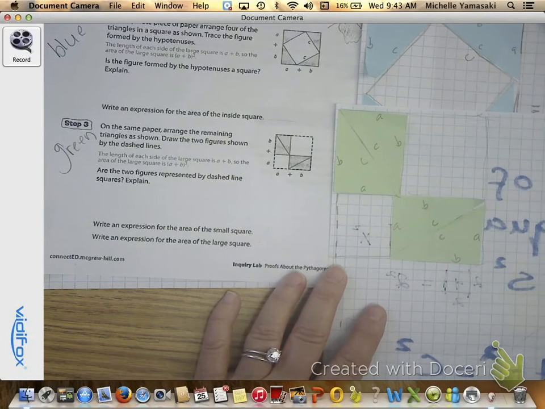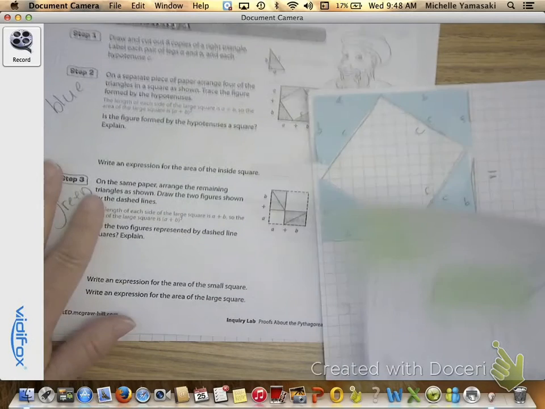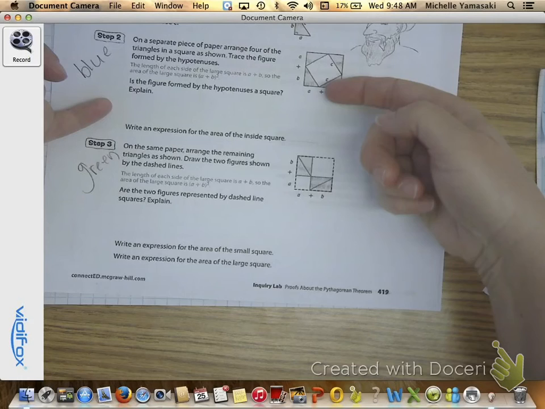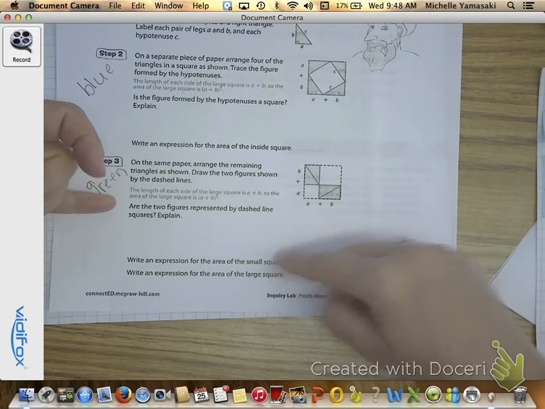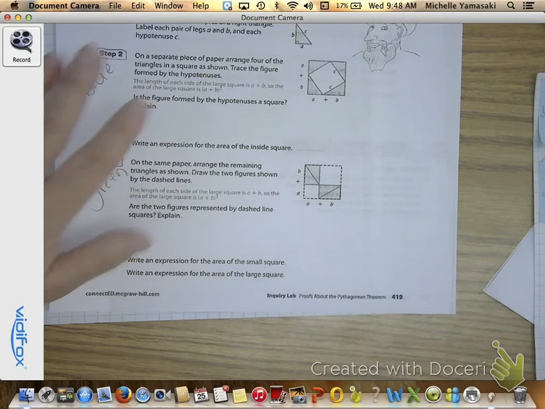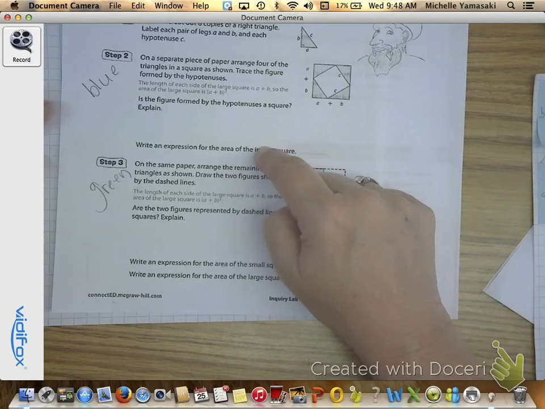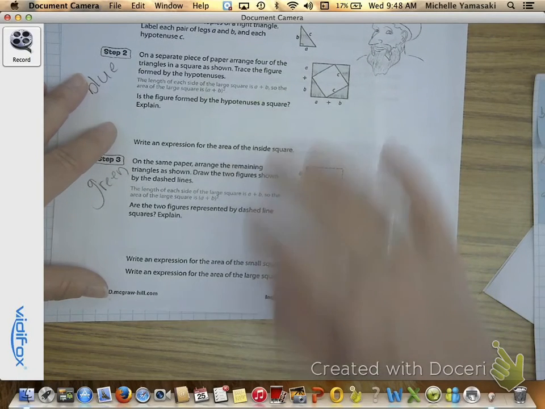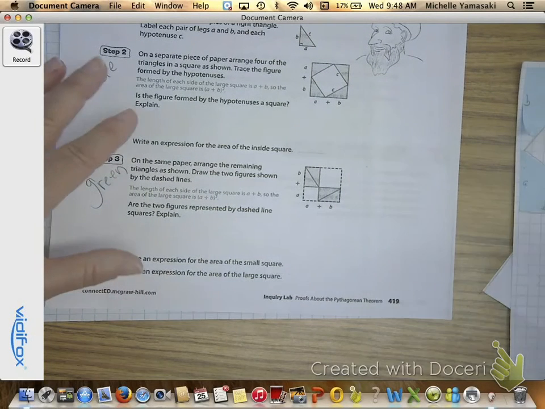Go. Pause the recording. All right, so now, if you have answered your questions for the blue triangle, and you've answered the questions for the green triangle, now you're going to work with your partner, and you're going to explain your answers so that they can record the information for the other questions.